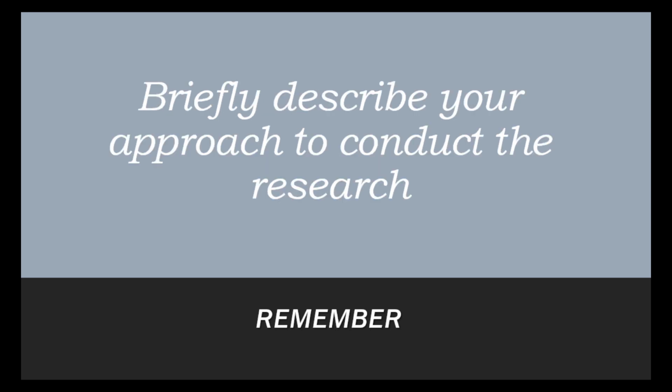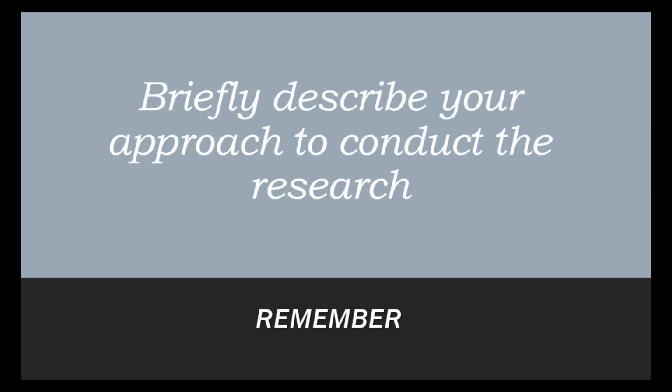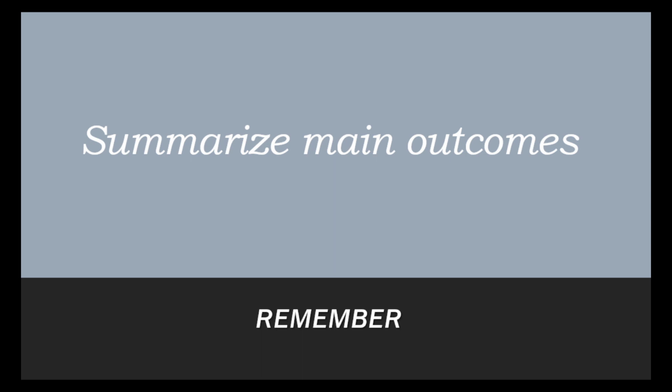You need to briefly describe your approach to conducting the research, and this obviously is going to be based on the topic that you've chosen, so for each one, it's going to be slightly different. So again, clearly state the reason for the research, briefly describe your approach to conduct the research, and summarize the main outcomes.